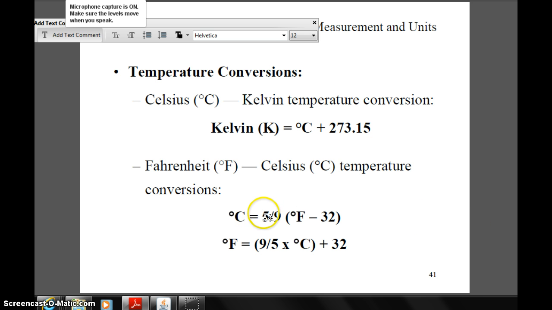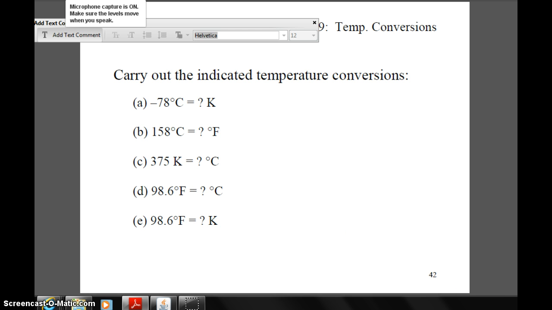If you have your Fahrenheit degree, the relationship is that degrees Celsius is equal to 5 over 9 times (F minus 32). So that's what I was talking about when I told you that we will need to subtract the 32, because 0 Celsius means 32 in the Fahrenheit scale.